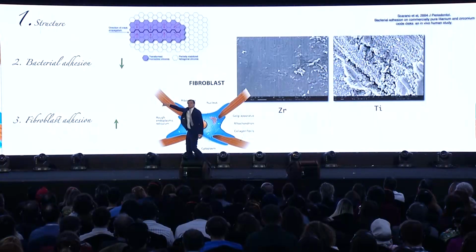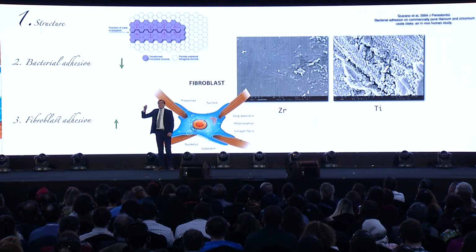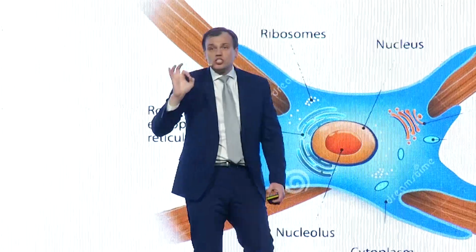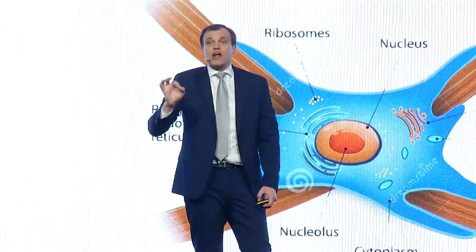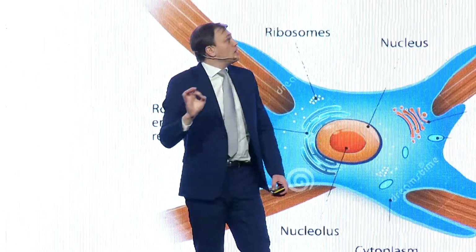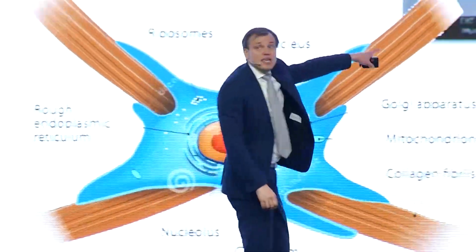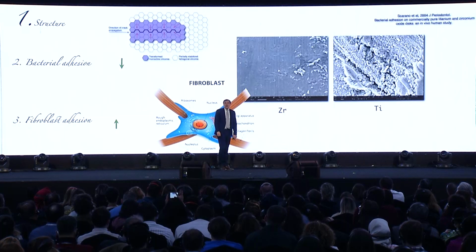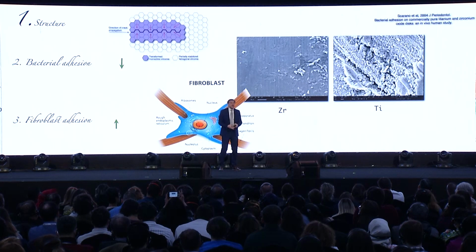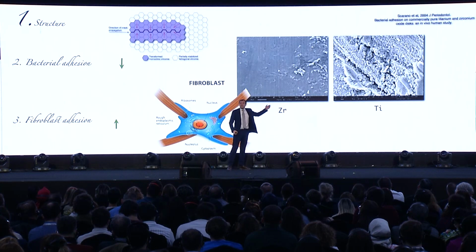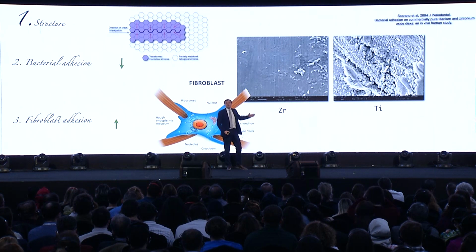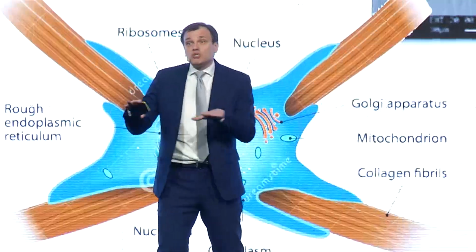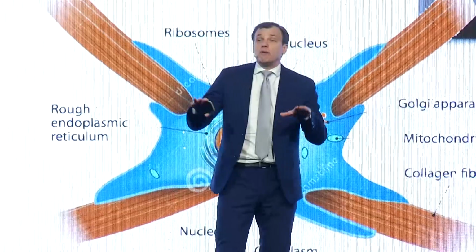Bacterial adhesion. Did you know that zirconia is the only material which does not attract the plaque? In other words, it is the least plaque-attractive material. Studies by Scarano et al. looked at the same smoothness of titanium plates and zirconia plates, and they found that on zirconia they have much, much less bacteria and plaque.